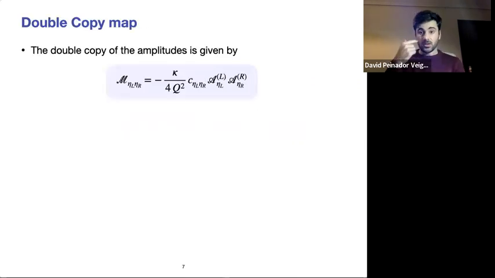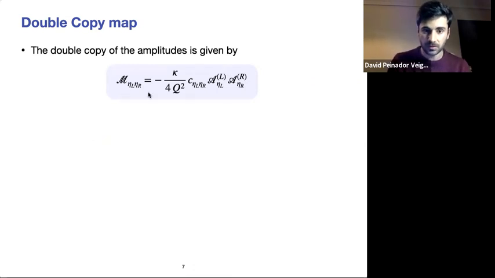But okay, so now we've learned how to extract classical fields in electromagnetism from 3-point amplitudes. Now we want to take those 3-point amplitudes and compute the double copy to compute the analogous objects in gravity. The double copy map that I'm going to use is this.